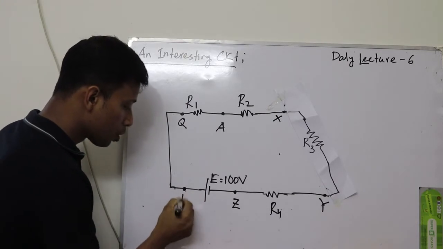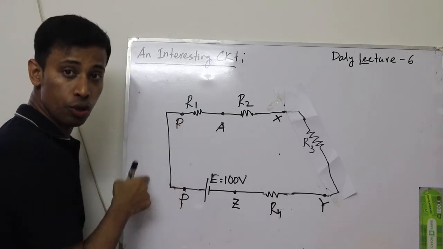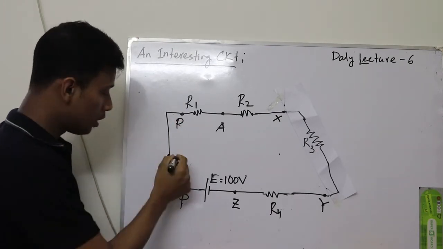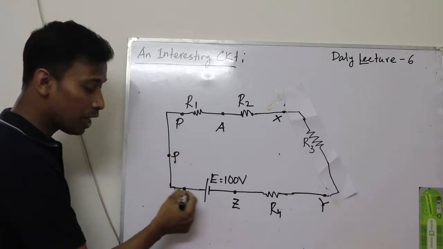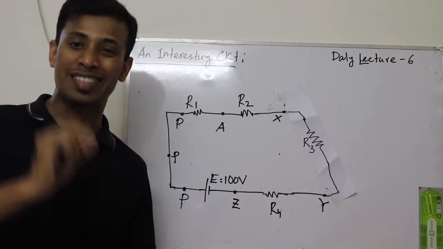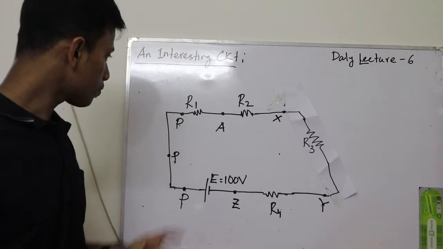So we can write this point Q as also P. If we have many points in between, they are also P. Here in a line all points are denoted the same, because in a single line no potential varies.